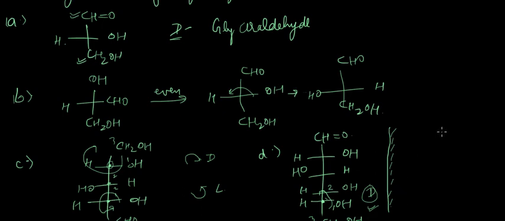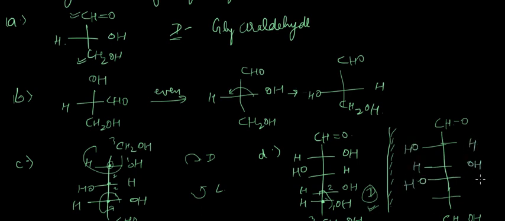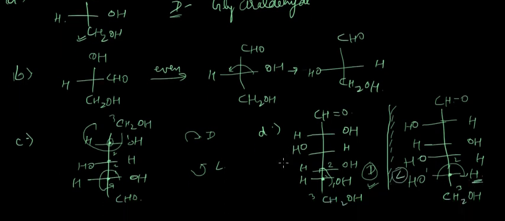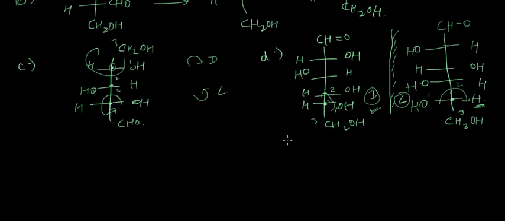Okay, so if you now draw for this, we have first as this, second as this, and third as this, so it should be D, but now H is on the horizontal line, so it would be L. I hope you are able to understand how to calculate the D and L configuration.